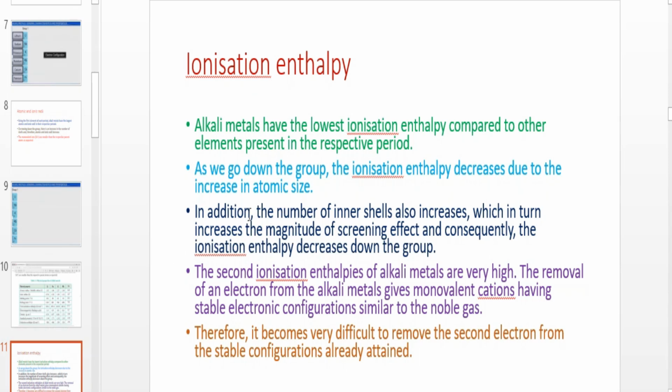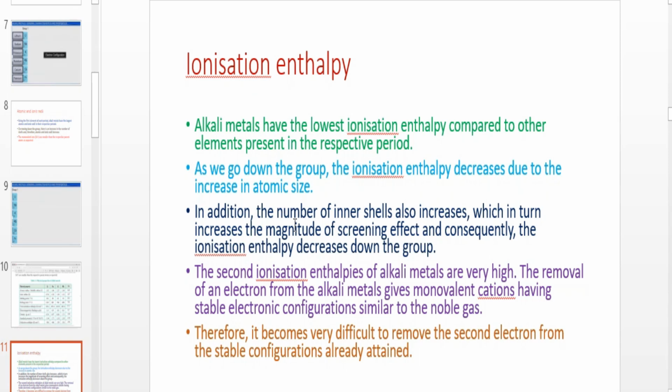As we go down the group, the ionization enthalpy decreases. From top to bottom, the ionization enthalpy decreases due to increase in size. As the number of shells is added while we move down the group, the size of an atom increases.